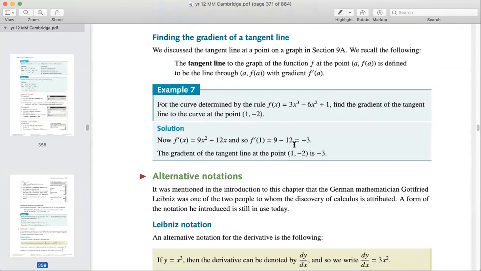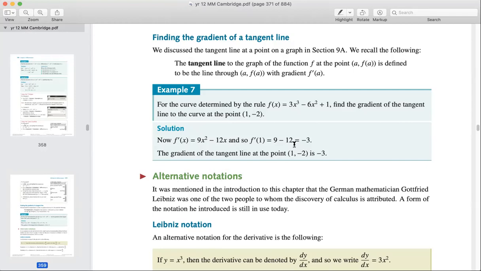And the next one is, actually we're going to cover this one in chapter 10, like the application, but it's worth knowing: for the gradient of a tangent line, we can use the derivative to find out. So hopefully you guys still remember the other two ways to find the gradient of a straight line. First one, y2 minus y1 over x2 minus x1, so rise over run.